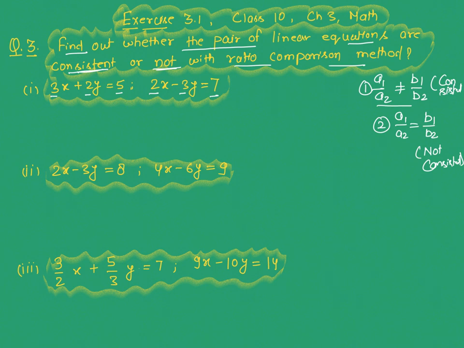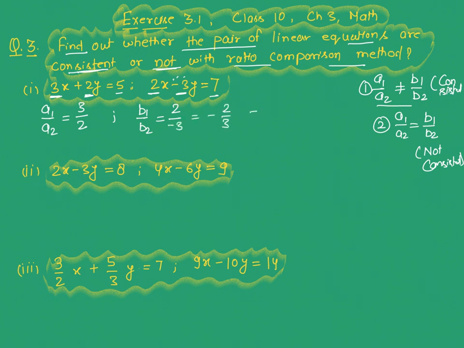Okay, so A1 upon A2. So A1 is 3, right? And A2 is 2. So A1 ratio A2 would be 3 upon 2. And B1 by B2. So B1 is 2, and B2 is minus 3, right? So it is minus 2 upon 3.